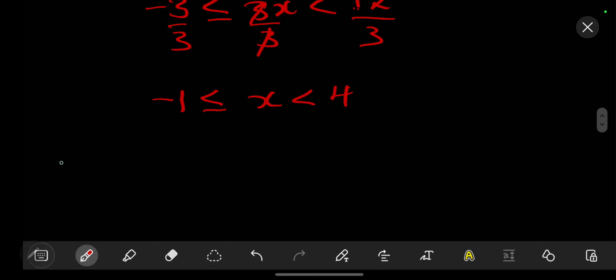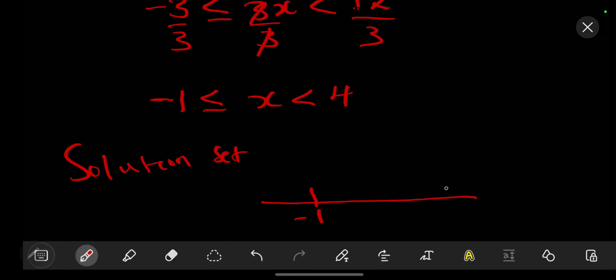So that means our solution set, if you can see, x is greater than or equal to negative 1 and less than 4. That means we are just looking at numbers from -1 to 4, the values in between these.